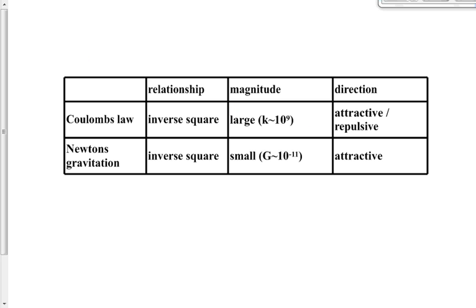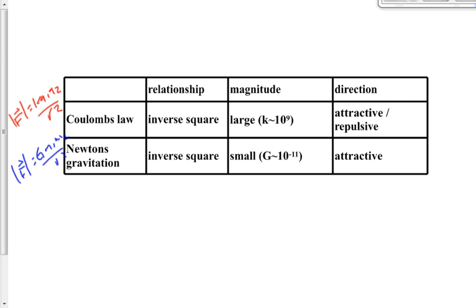Before we do some math on this, let's just compare the forces in a couple of different aspects here. Coulomb's law, Newton's gravitational law. Coulomb's law, right? F is equal to K Q1 Q2 over R squared. And Newton's gravitation, which says F is equal to G m1 m2 over R squared.